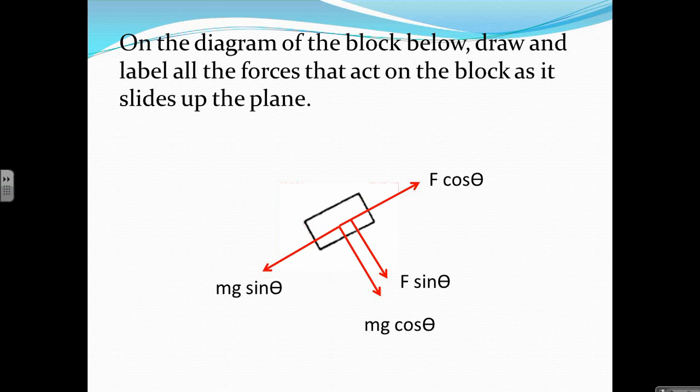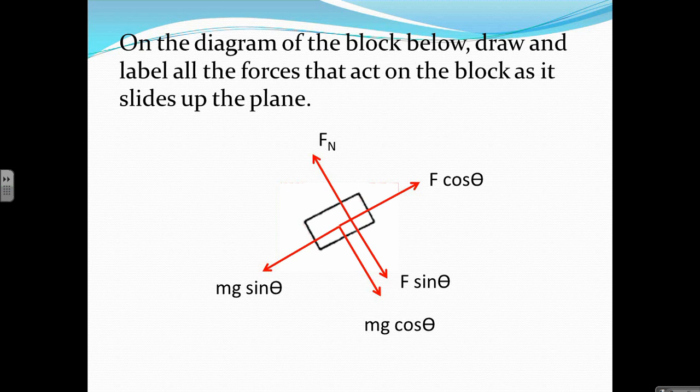So for the two external forces, gravity and the applied force, we have these forces acting on the object. Now this doesn't tell the full story, so we still need to consider the normal force, which we know is acting on this, as well as the frictional force. The normal force is acting perpendicular to the surface, so F sine theta and mg cosine theta are pushing into the surface.